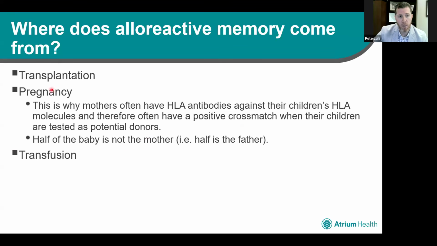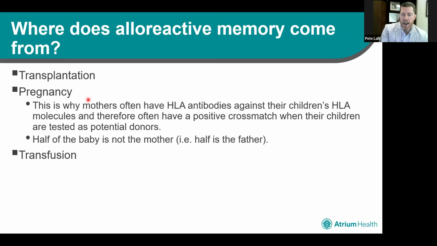So you can have it through transplantation. If you get blood transfusions, you can have HLA proteins get carried over through that transfusion. And then pregnancy is also another very common way that somebody can become sensitized. So if you remember, the immune system recognizes anything that's not normally part of it as being foreign. Well, if you look at the fetus, half of the fetus comes from the father.